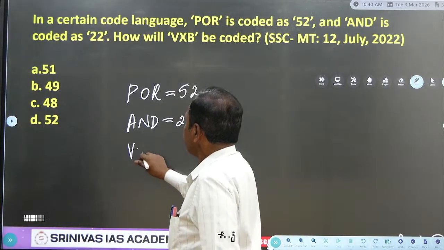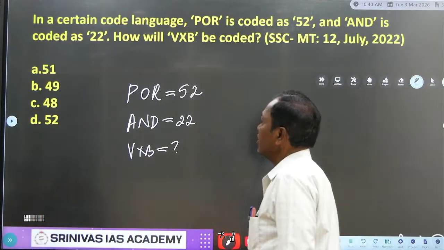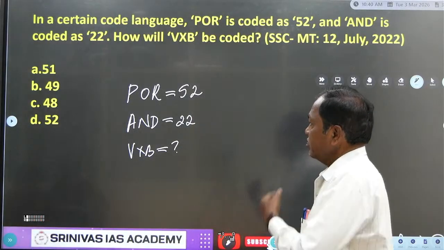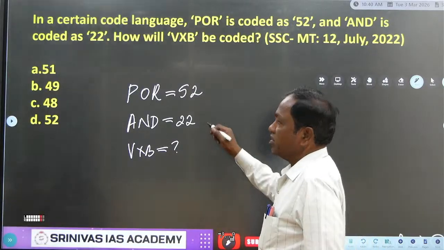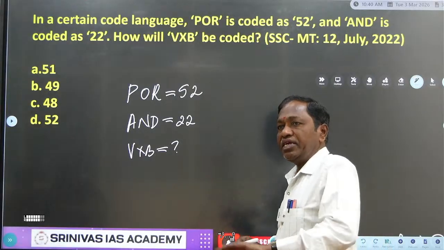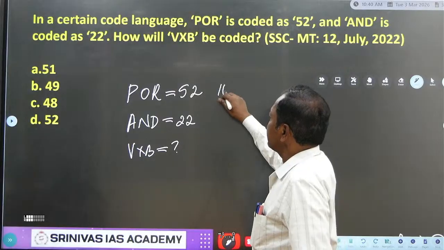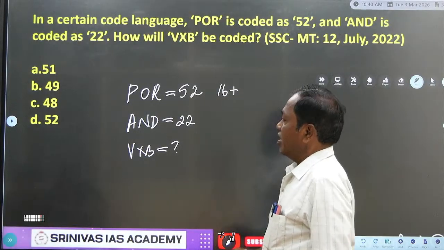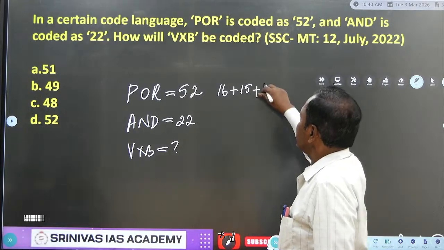Then VXB coded in that language is what? So what is P? P is after NOP. M is the 13th letter, NOP is 14, 15, 16. This O is the 15th letter. R is the 18th letter.